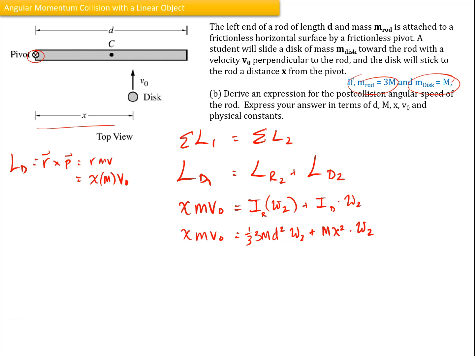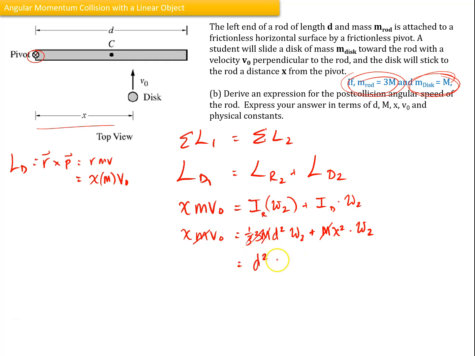And we can group things. Be careful, we can cancel the masses out even though they had different masses, and we did convert them this way. Each term has an m in it, so that is going to go away. It's going to be a little bit of a mess, but we're going to try to solve for omega. So let's pull the omega 2 out. The 3 cancels the 3.